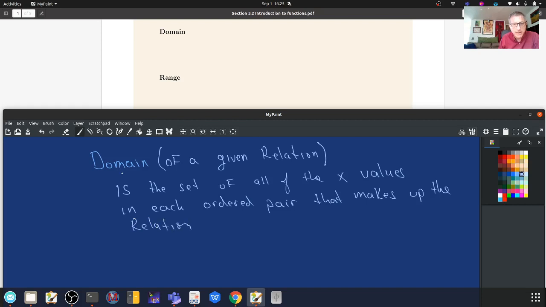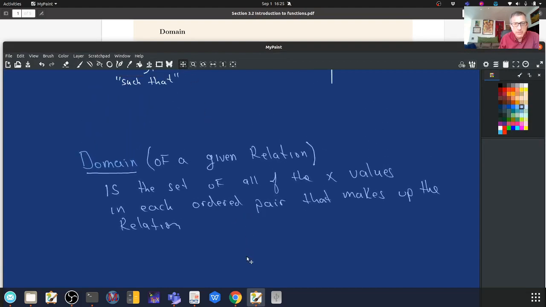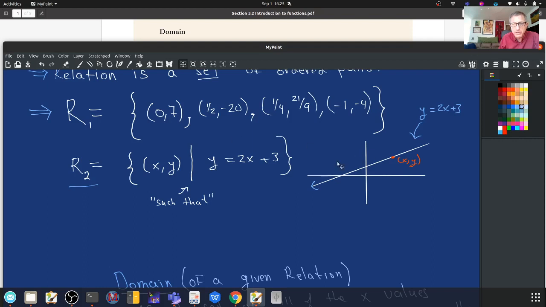So let's go back up and let's look at these two relations that I wrote. Let's look at this first relation here, relation 1. The domain of R1.